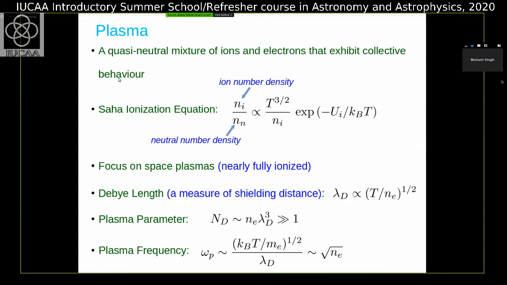And that's why one can call this a quasi-neutral mixture. Quasi-neutral because when you go to some small element, it is always in a neutral state. There are as many positive charges as there are negative ones in a small plasma element. So that's why it's nearly neutral as far as that plasma element is concerned.